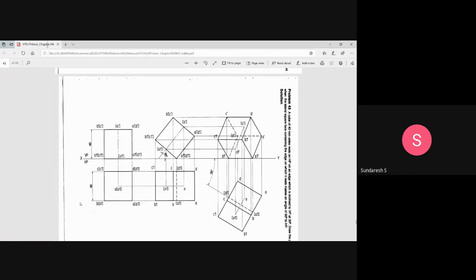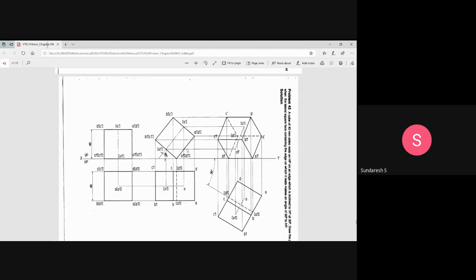That has to be inclined to HP at 50 degrees. So in the second position, we have to satisfy the condition that the lateral face containing that edge makes an angle of 50 degrees with respect to HP.